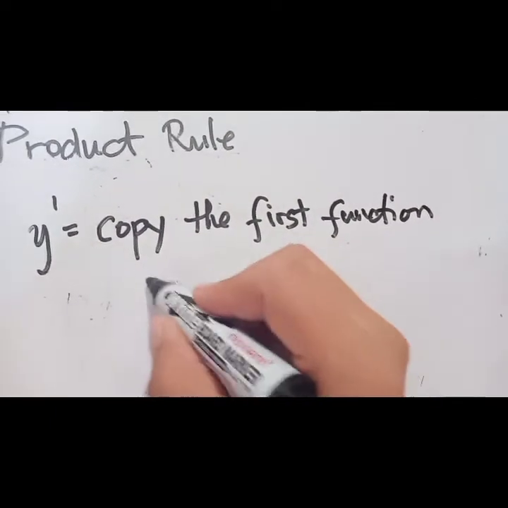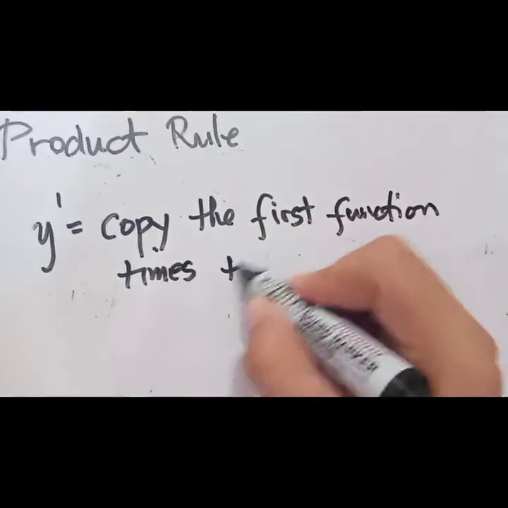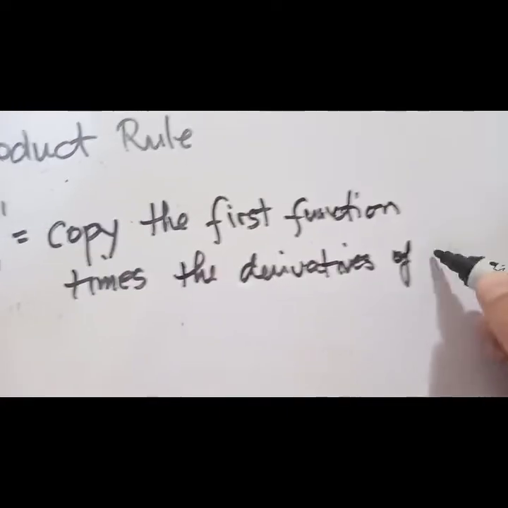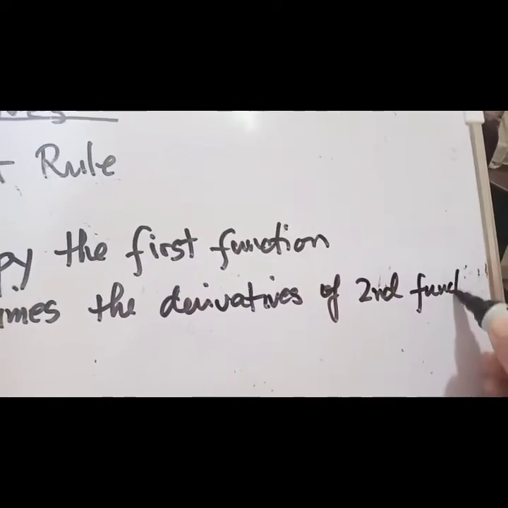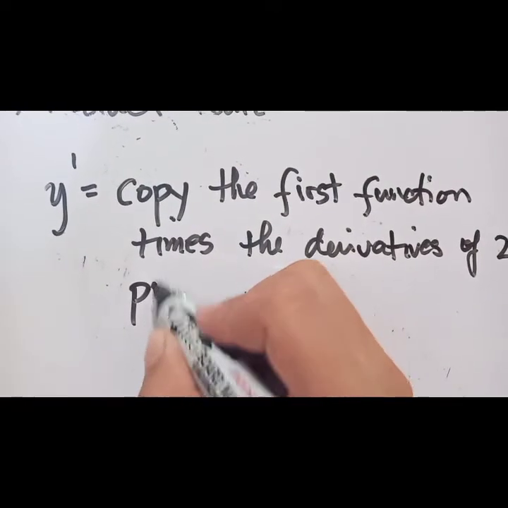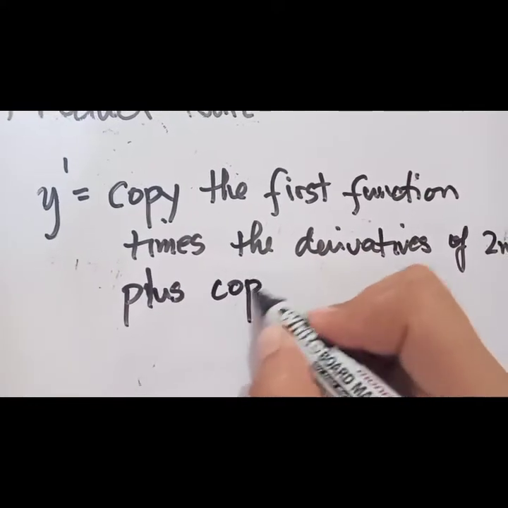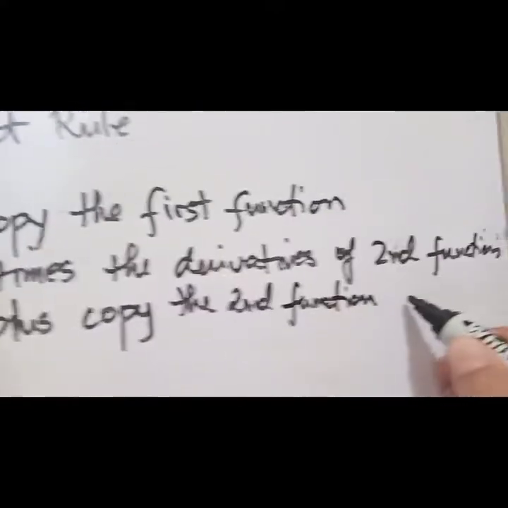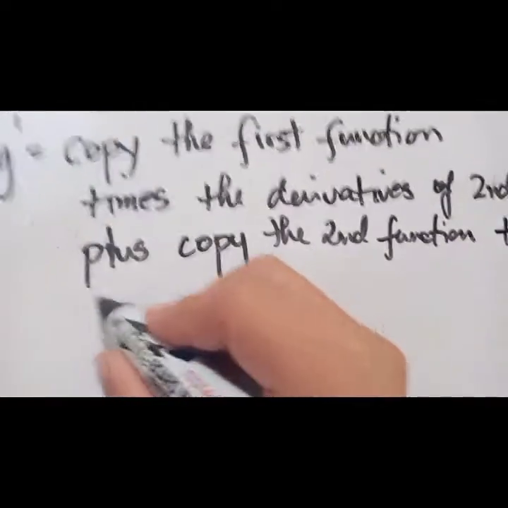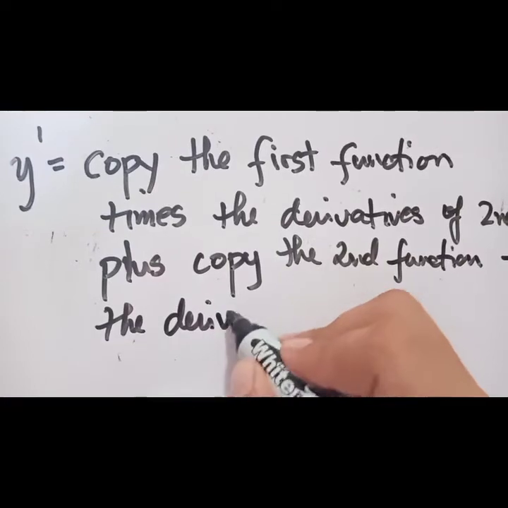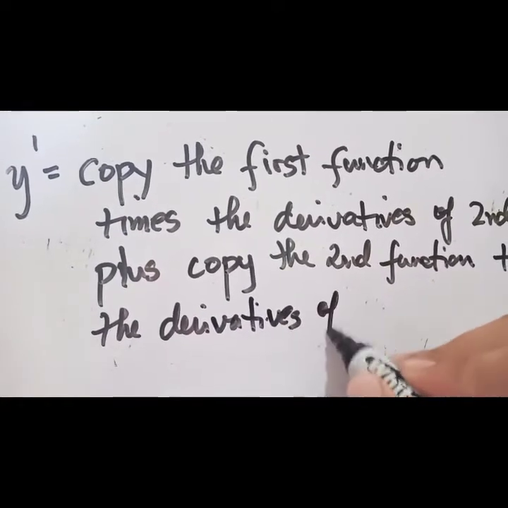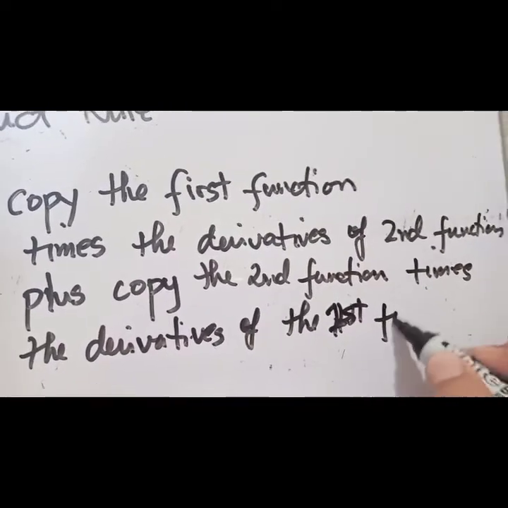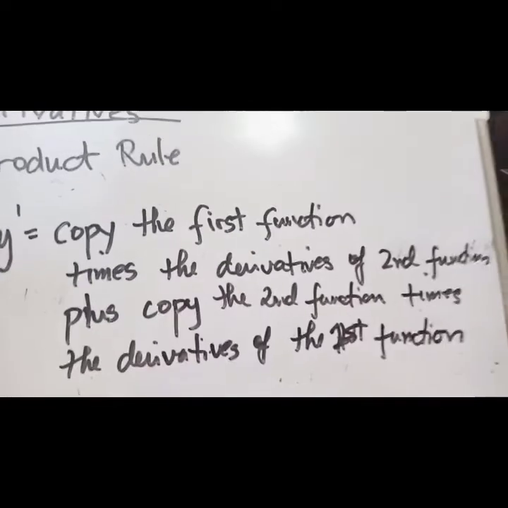Then, times natin times the derivatives of the second function plus copy the second function times the derivatives of the first function. Ganun lang kasimple ang ating product rule.